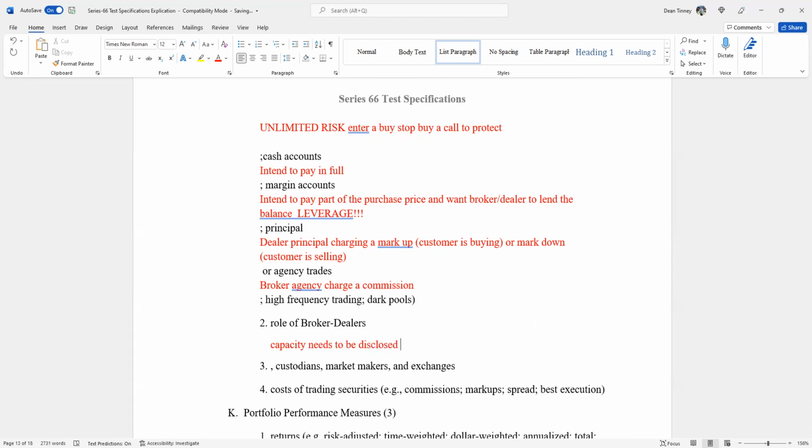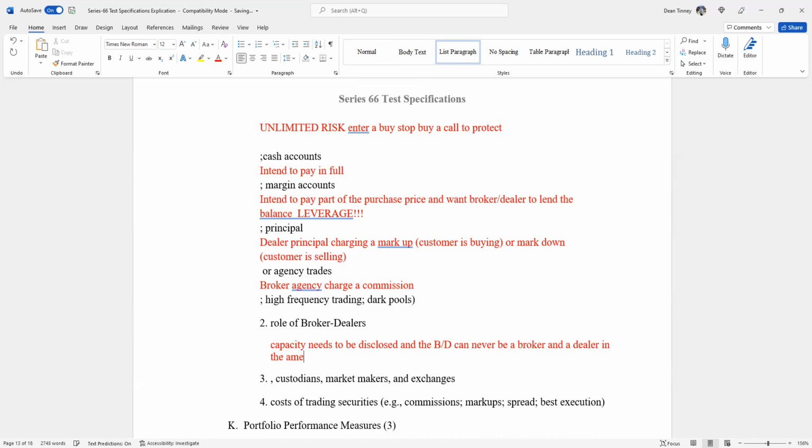Disclosure is typically made on the confirmation, and the broker dealer can never be a broker and a dealer in the same trade. I mean, it kind of makes sense. How could I at Goldman Sachs represent Goldman Sachs at the same time I'm representing you? I really work myself for you, and now you owe me commission.